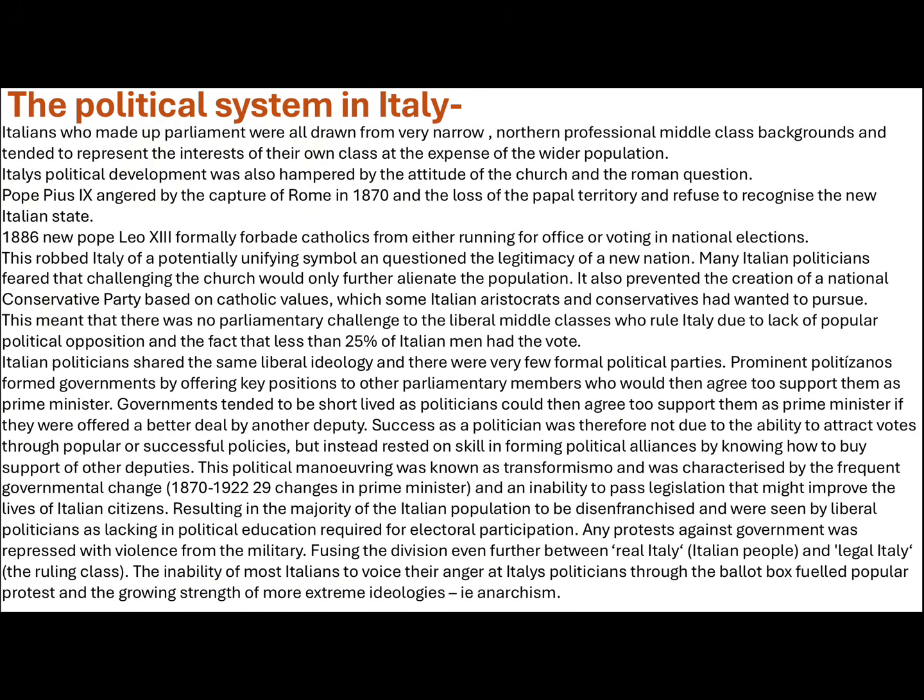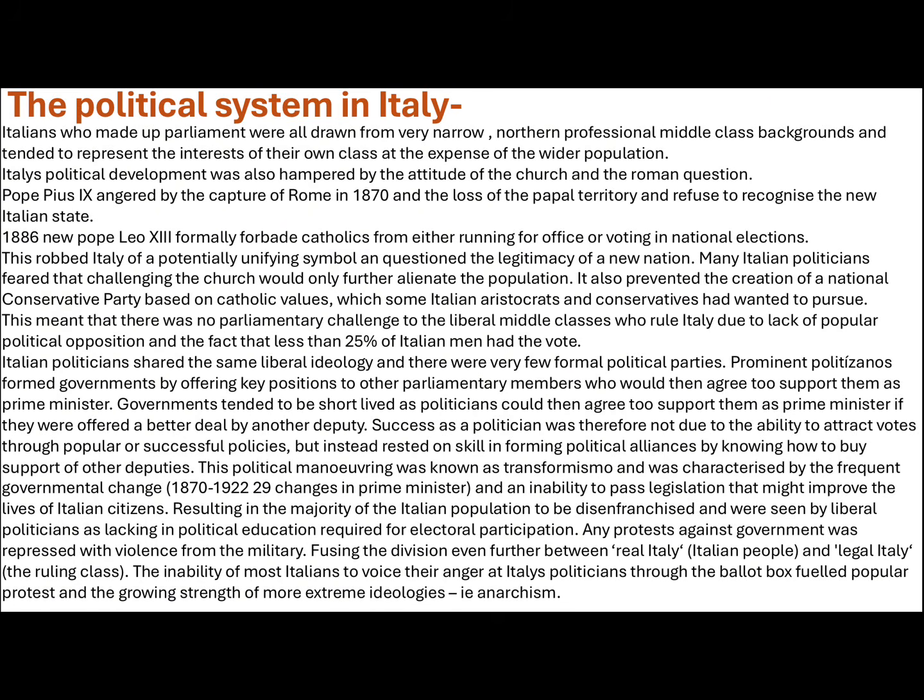It also prevented the creation of a national conservative party based on Catholic values, which some Italian aristocrats and conservatives had wanted to pursue. This meant that there was no parliamentary challenge to the liberal middle class who ruled Italy, due to the lack of popular political opposition and the fact that less than 25% of Italian men had the vote.